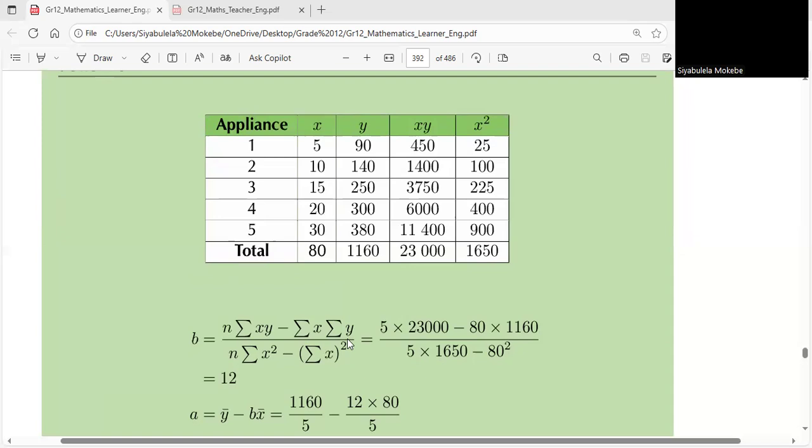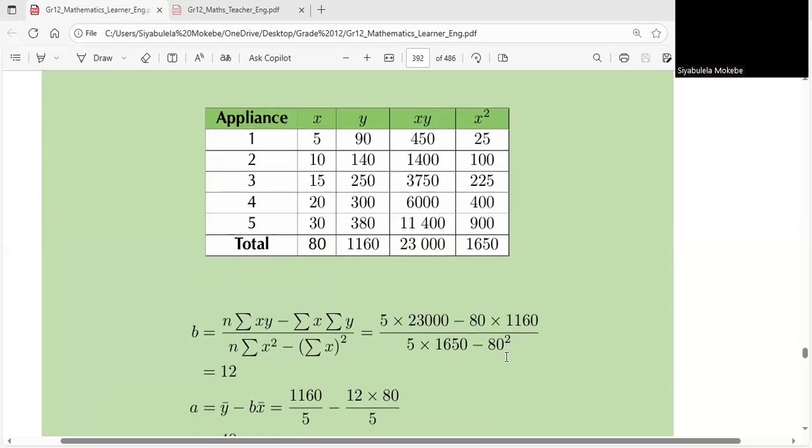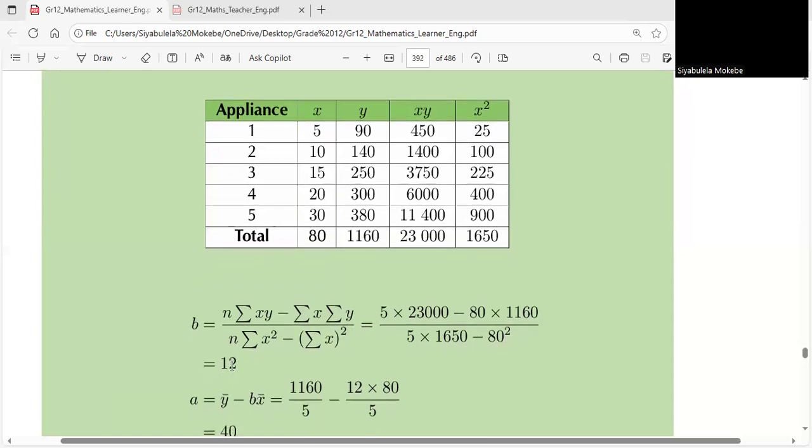So the sum of X is 80, then you square that. So that gives us 12.